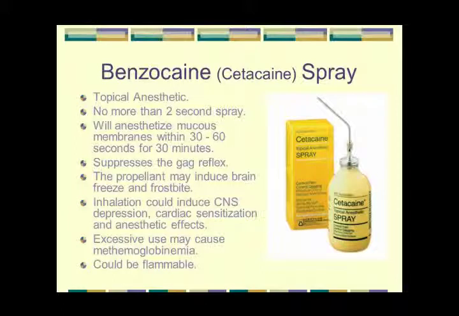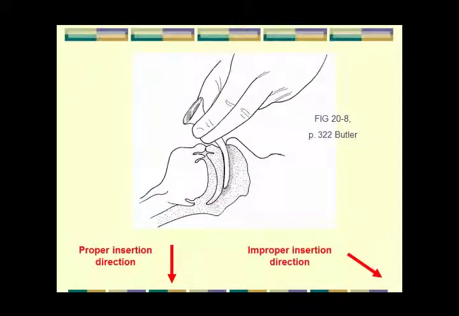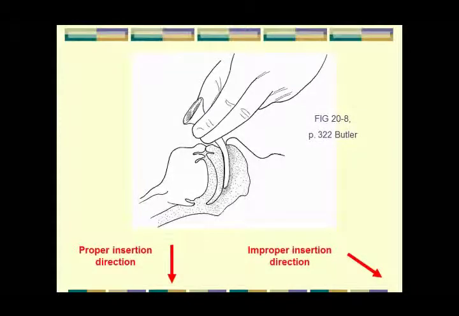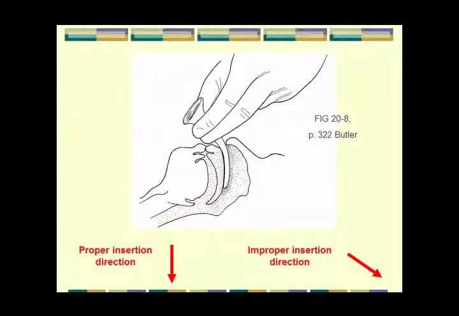Cool? And the direction of insertion should be following the floor of the nasal passage. You want to go in a 90-degree angle to the plane of the face. What you don't want to do is go up. Your nasal passage, although your nose runs that way, your nasal passage does not. It actually runs straight down.